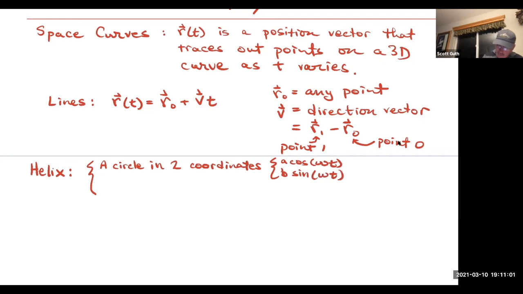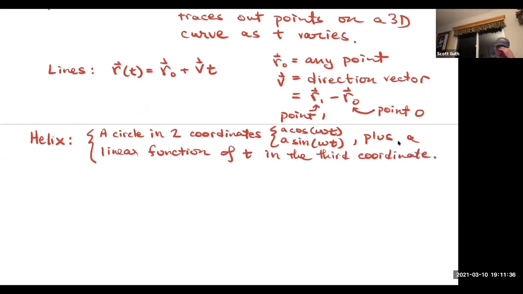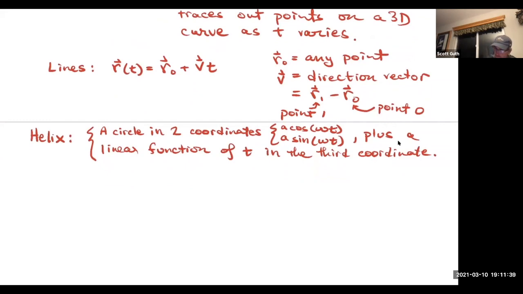Sorry, a sine omega t, my bad. So those will trace out a circle in 2 coordinates, and then a linear function of t in the 3rd coordinate. Okay, and that'll always trace out a helix.